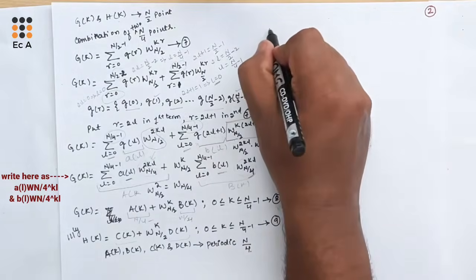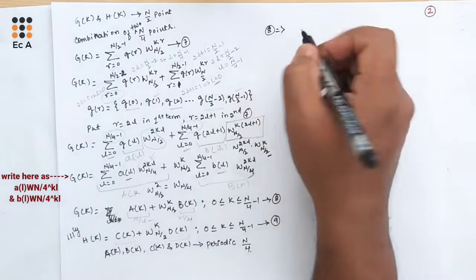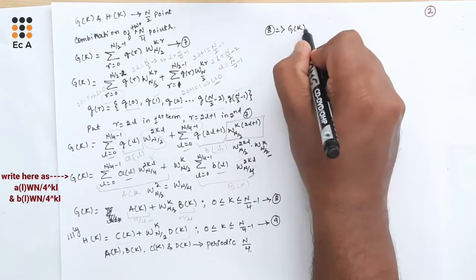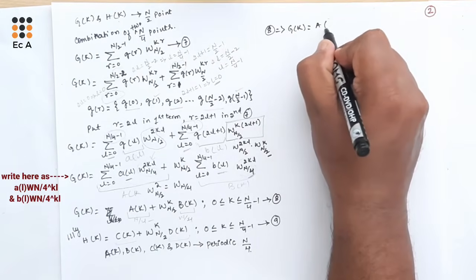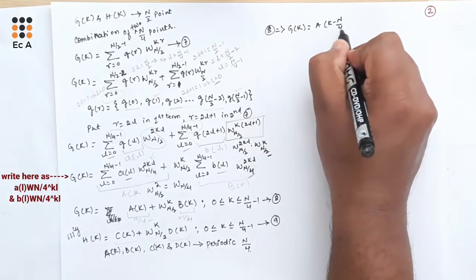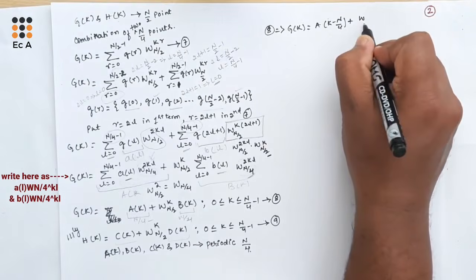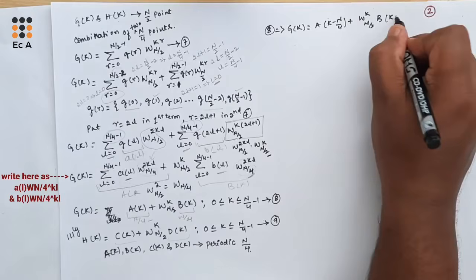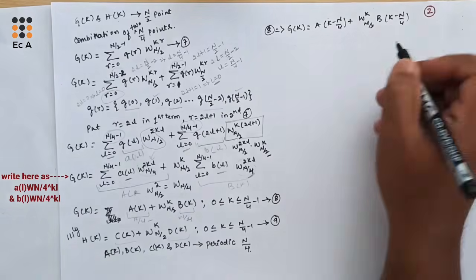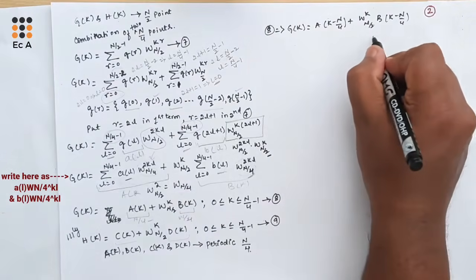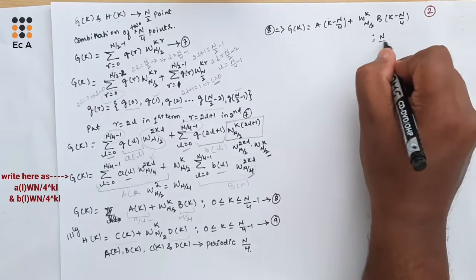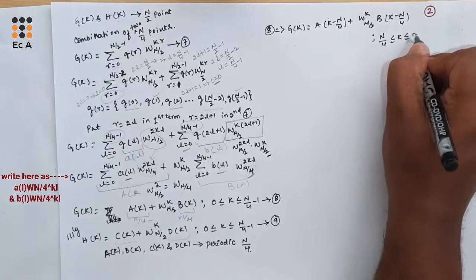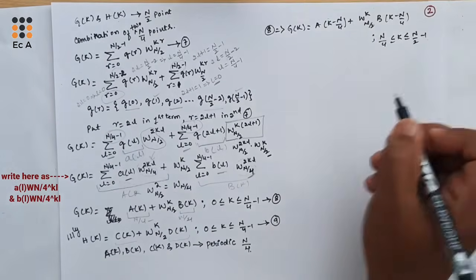Hence we can write equation number 8 as g of k is equal to a of k minus n by 4 plus wn by 2 to the power of k, b of k minus n by 4 for k value ranging from n by 4 to n by 2 minus 1.